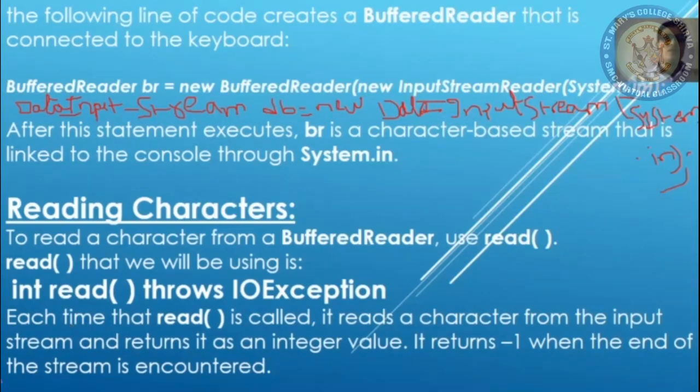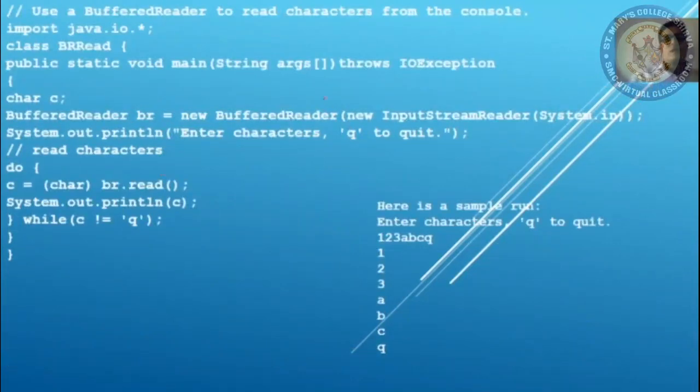Now we will see the next topic. Here an example is given which explains the use of a BufferedReader to read a character stream from the console. Import java.io.*. This is the package we have to use to read input values.